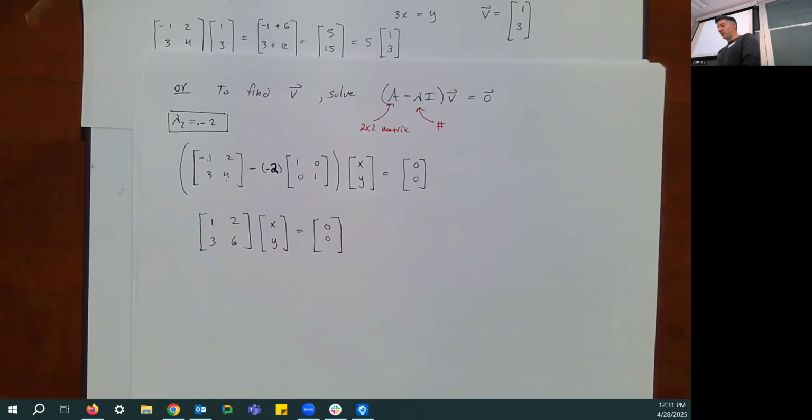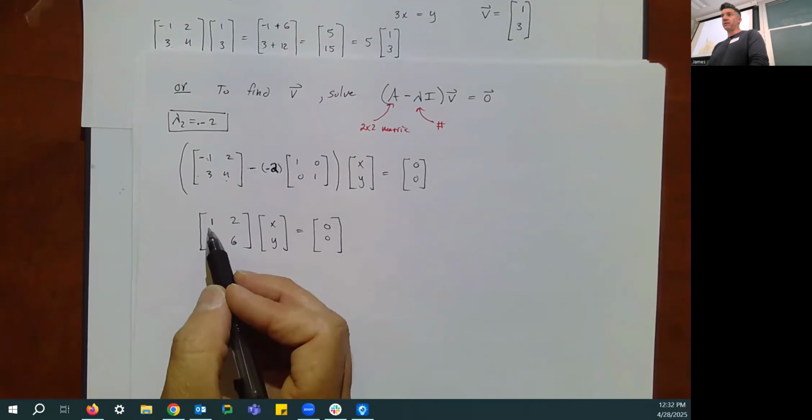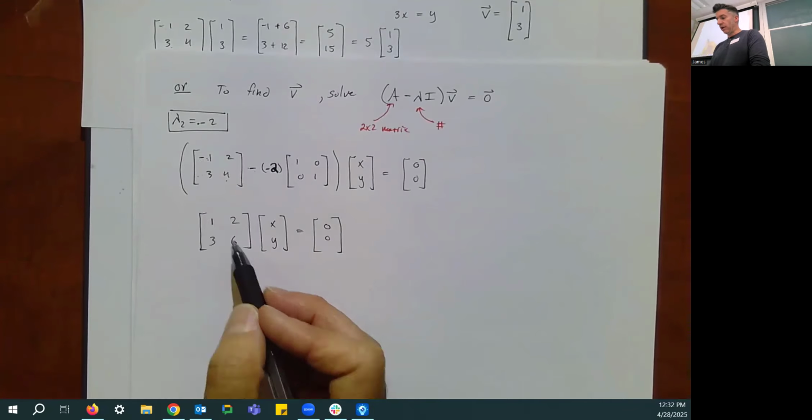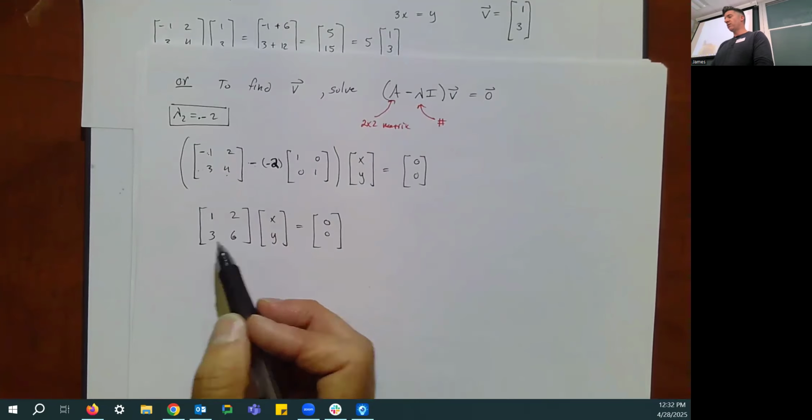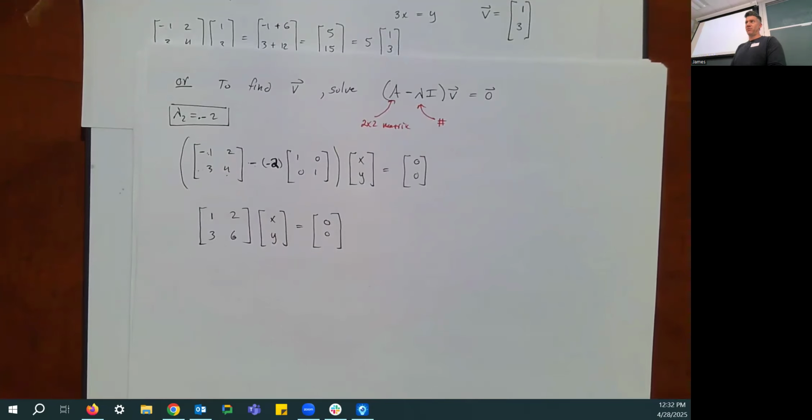So I'll point out again, I just took my matrix A and I subtracted -2, or whatever the eigenvalue was, from each of the diagonal spots. -1 minus -2 is +1. 4 minus -2 is 6. And if you look at these equations, they're pretty much the same, right? That first equation is 1 times x plus 2 times y equals 0.